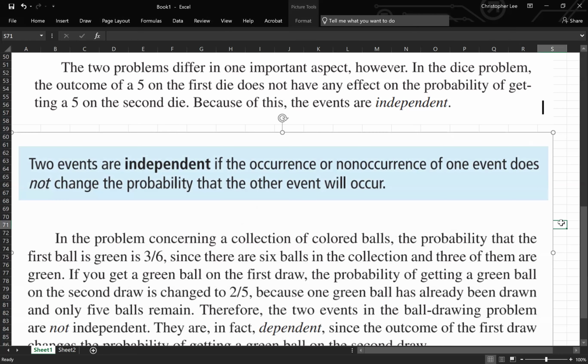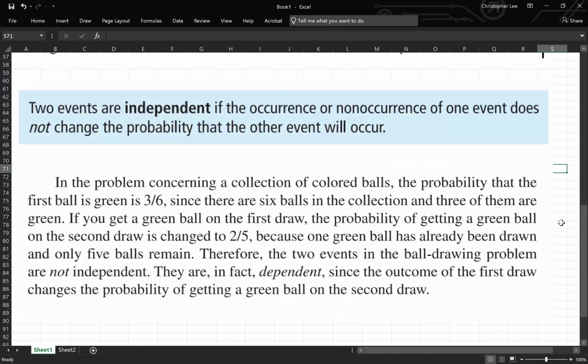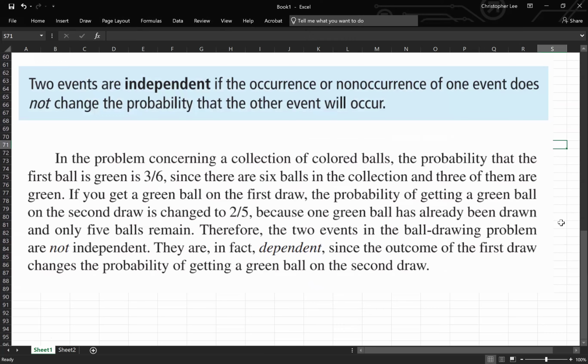All right, so two events are independent if the occurrence or non-occurrence of one event does not change the probability that the other event will occur. In the problem concerning a collection of colored balls, the probability that the first ball is green is 3 out of 6. Since there are 6 balls in the collection and 3 of them are green, if you get a green ball on the first draw, the probability of getting a green ball on the second draw is changed to 2/5.